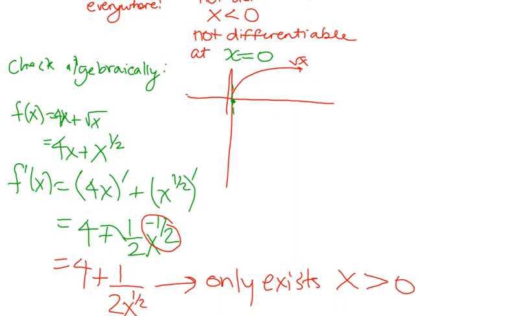So the derivative only exists for x greater than 0. So that's just the second way of looking at the same problem. Okay? Alternatively, we could actually go back to the limit definition and look at that, but these are both visual arguments and algebraic arguments. Okay?